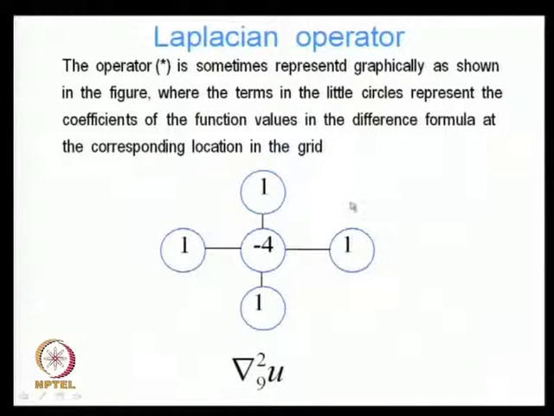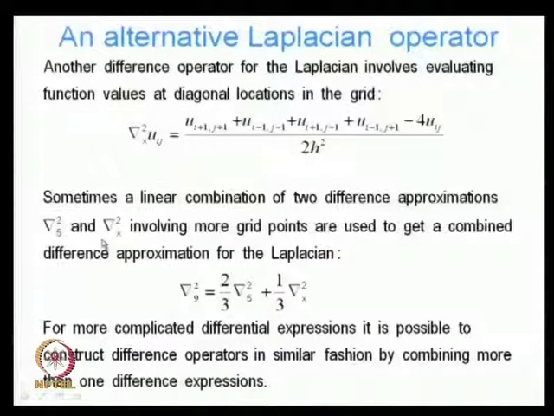So, it involves the diagonal terms on the grid plus the function value at the location where we want to evaluate the Laplacian, divided by h square.